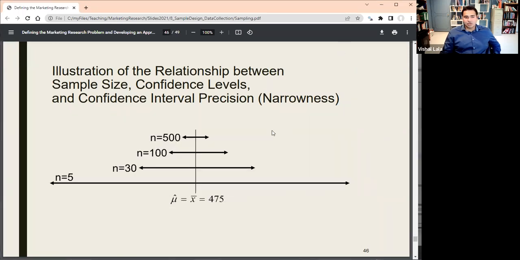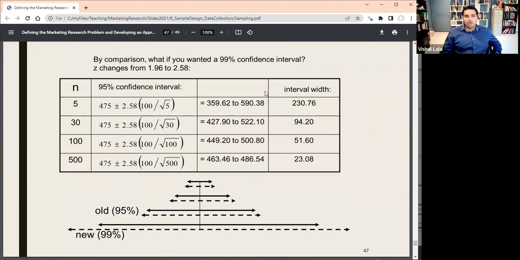Here's a visual of the same thing. As your sample size goes up, your confidence bands get narrower. This range is getting tighter as your sample size goes up. Furthermore, you can try this with a 99% confidence interval. What if you want even more confidence in the result?